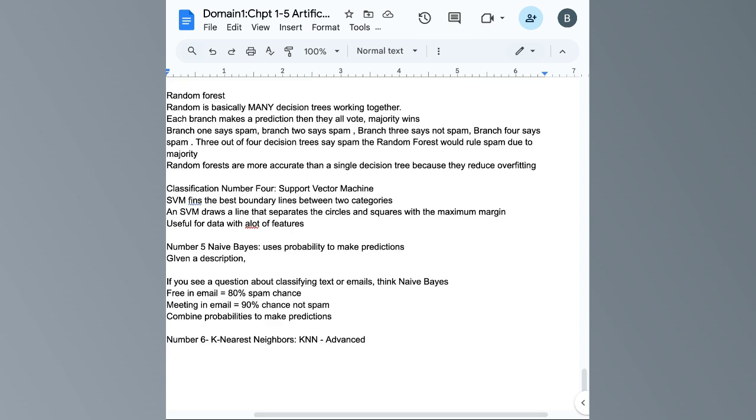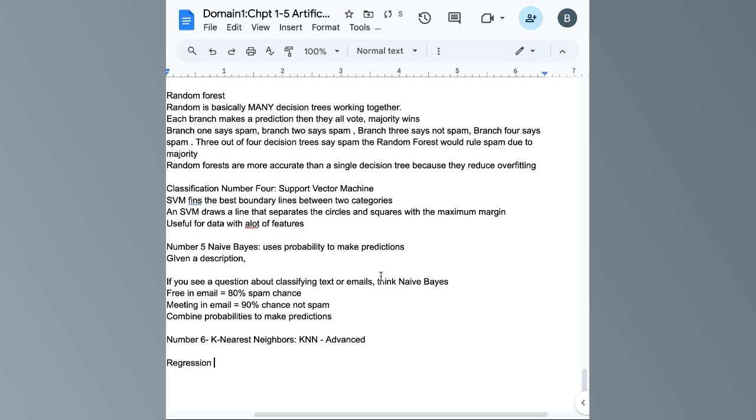K nearest neighbors is a democratic way. So if house one has the category cat, house two has the category dog, and house three has the category cat, the K nearest neighbors would vote that it be categorized as a cat due to two out of the three choosing cat.